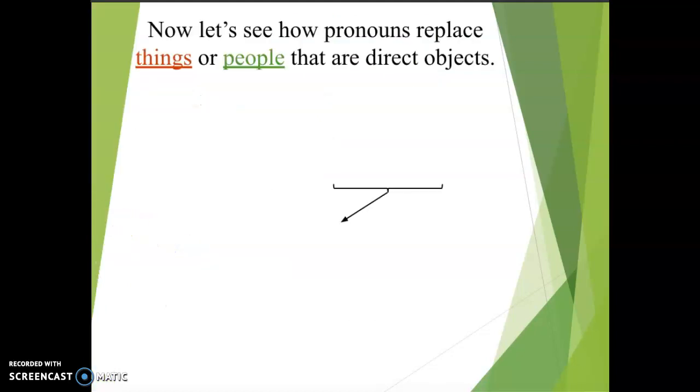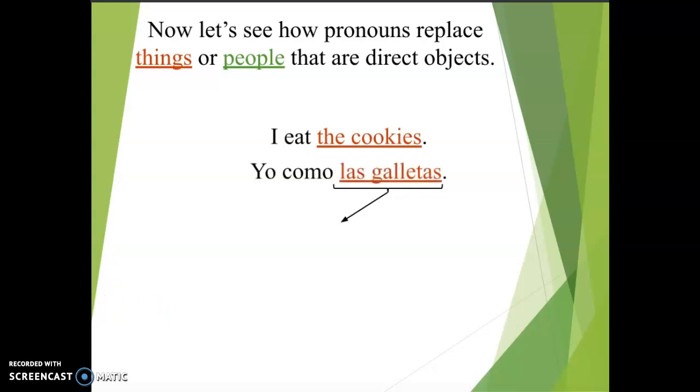Let's look at one last example, which is the example we used in one of the previous slides. I eat the cookies. Yo como las galletas. Yo las como. Notice that las galletas was replaced with the direct object pronoun las.